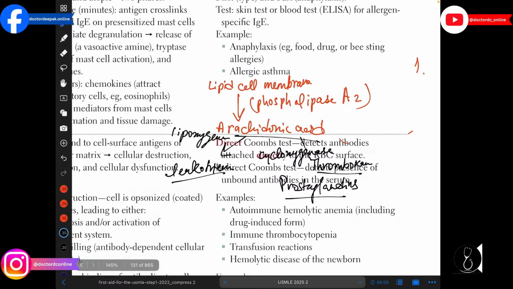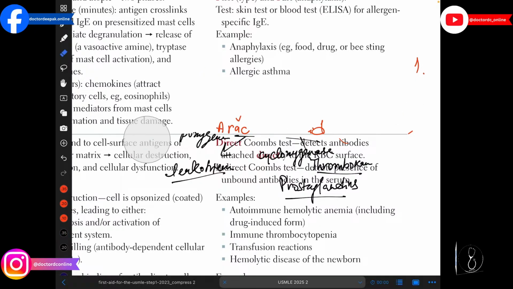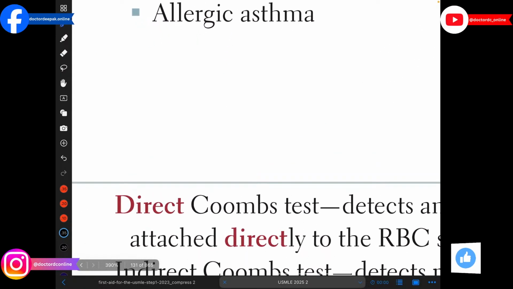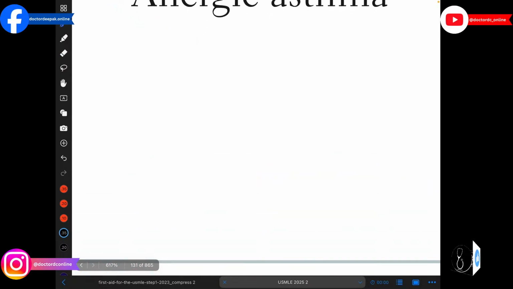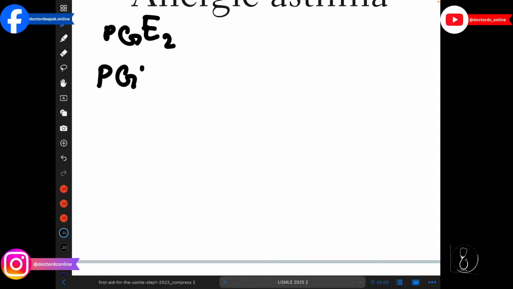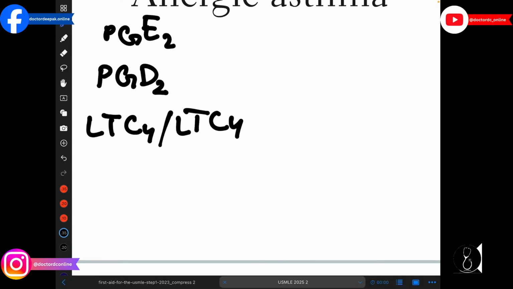If we make a sample table of type 1 mediators, we have prostaglandin E2, prostaglandin D2, LTC4, LTD4, and LTB4, the leukotrienes C4, D4, and B4.